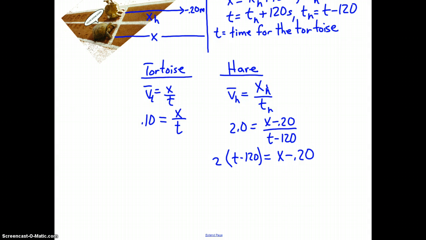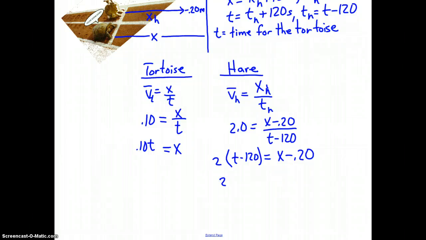Now, what are we going to do here? On our tortoise equation, we see that x is the same thing as 0.10 t, multiplying both sides by t. What we can do is take this value of x for the tortoise and substitute it into the hare equation to eliminate x as a variable.